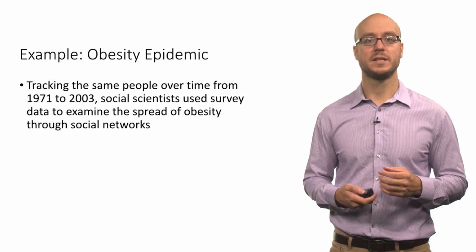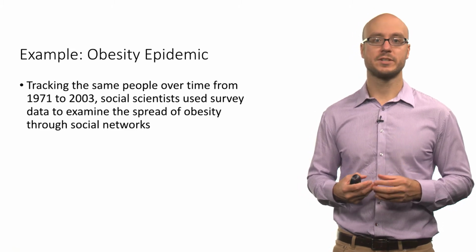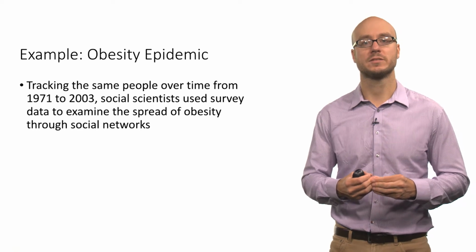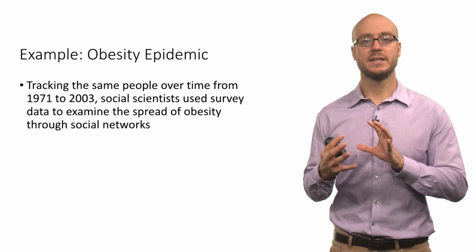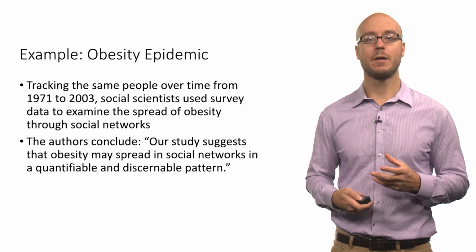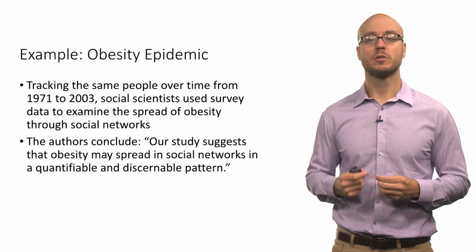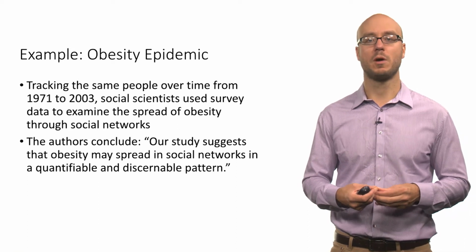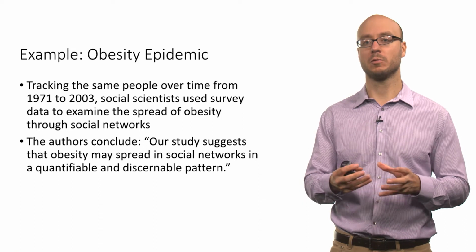Let's look at an example of an observational study. Let's think about the obesity epidemic. Some researchers at Harvard tracked the same people over time from 1971 to 2003. And then they used the survey data to examine the spread of obesity through people's social networks. The authors concluded, quote, "Our study suggests that obesity may spread in social networks in a quantifiable and discernible pattern," end quote.